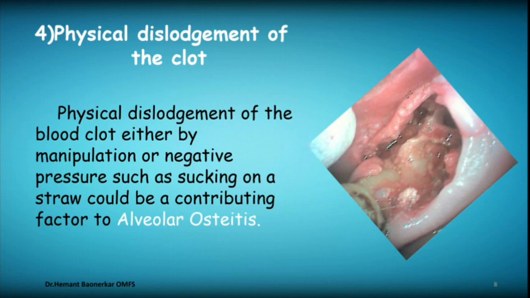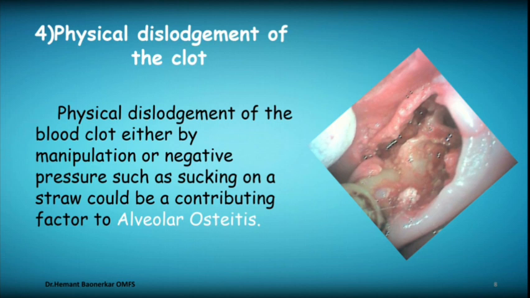Sometimes after the extraction, we tell the patient in post-operative instructions not to spit or suck anything with a straw, like any juices, but patients don't follow our instructions. Because of this, negative pressure forms in the oral cavity, or positive pressure while spitting, and because of this pressure our clot is dislodged.